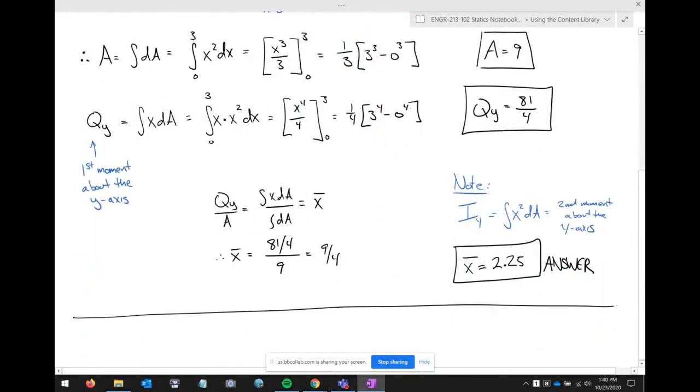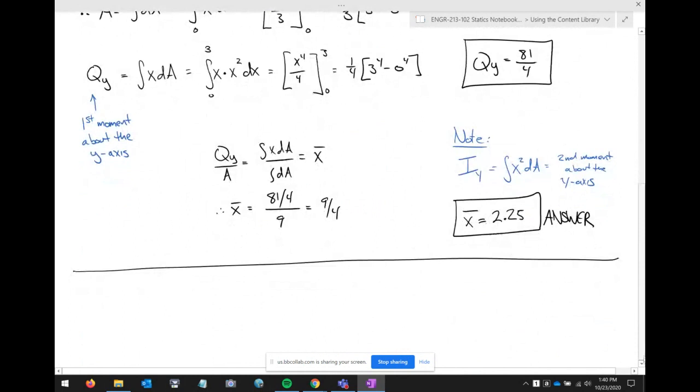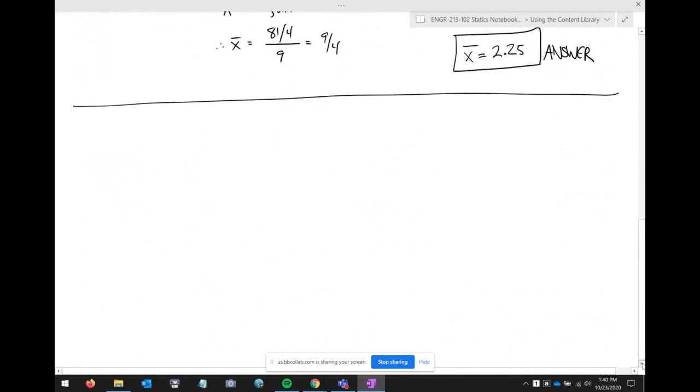Okay, this is where things get maybe a bit challenging. So let's go back to the graph.